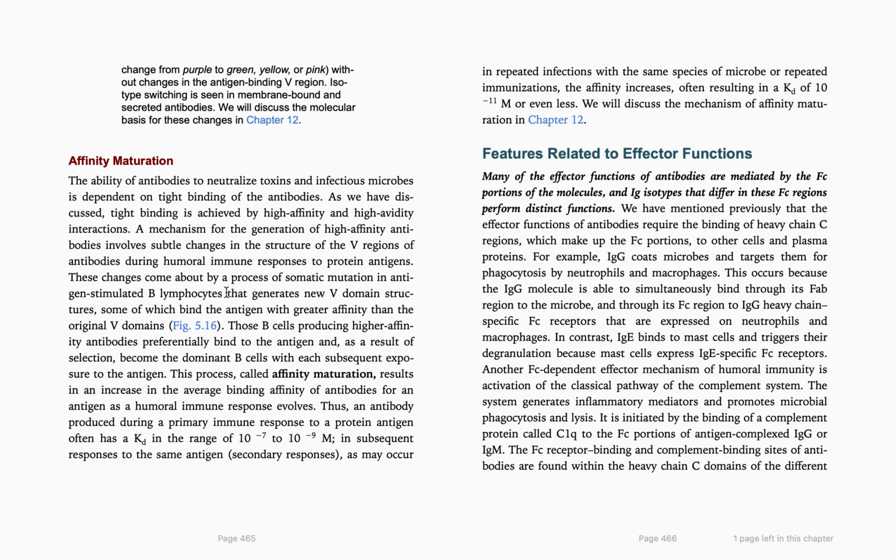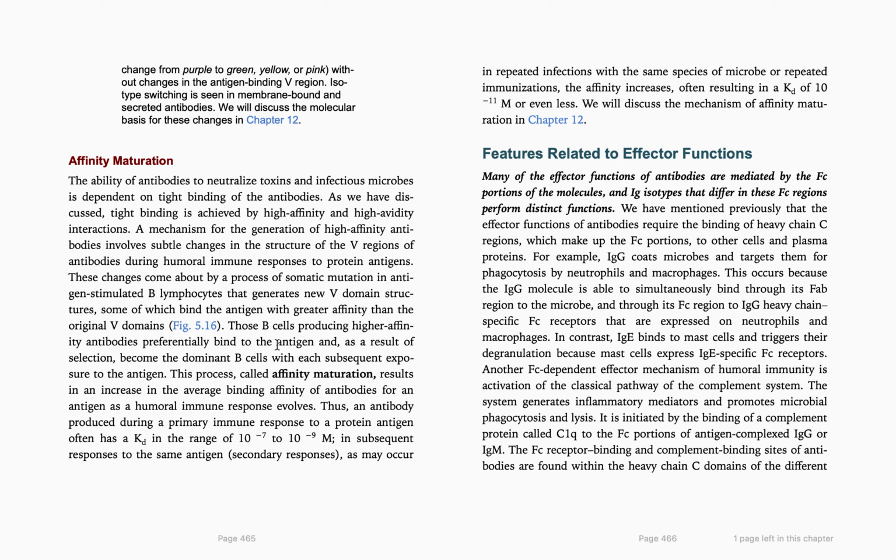These changes can come about by a process of somatic mutation in antigen-stimulated B lymphocytes that generate a new V variable domain structure, some of which bind the antigen with greater affinity than the original variable region domain.